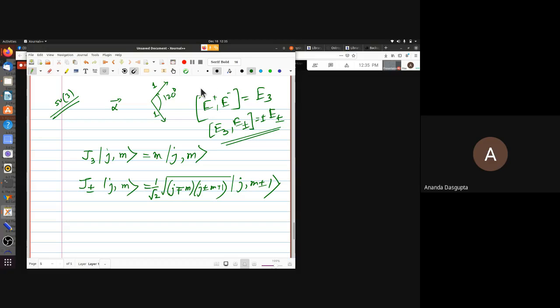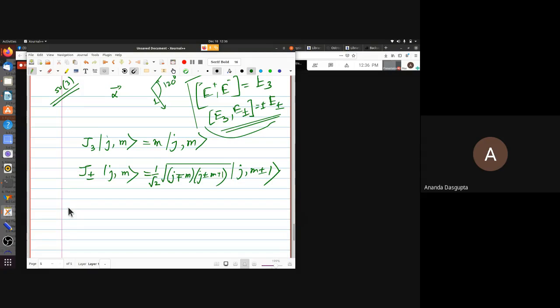So in our version, the version we have been using so far, where there's no 2 in this commutation relation, the E plus, E minus are really 1 by root 2 times the standard ones that we use in quantum mechanics courses. And so for us, our E plus minus will essentially be J plus minus operators obeying things like this. Clear?